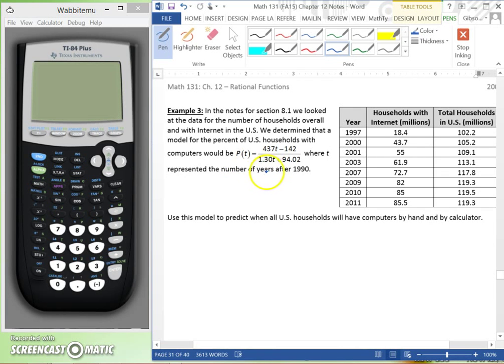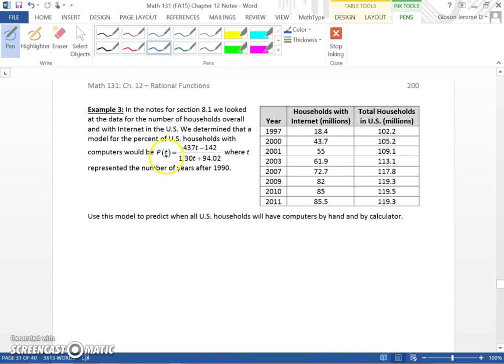Okay, class, picking up where we left off, we need to do this by hand, and also by calculator. So doing this by hand, this is what we would need to do. P of T stands for the percent of U.S. households with computers. So if we're doing this by hand, we know P of T would have to be 100, because that would mean 100% of households would have computers.